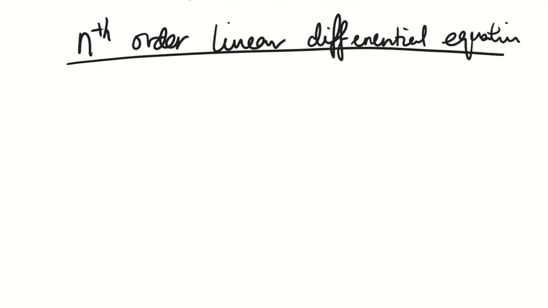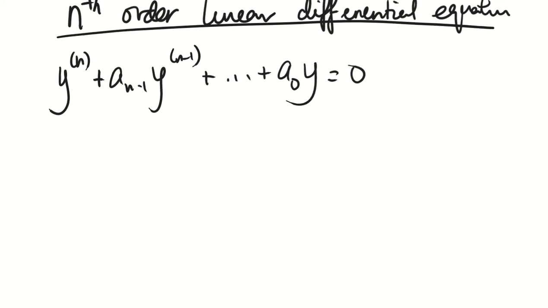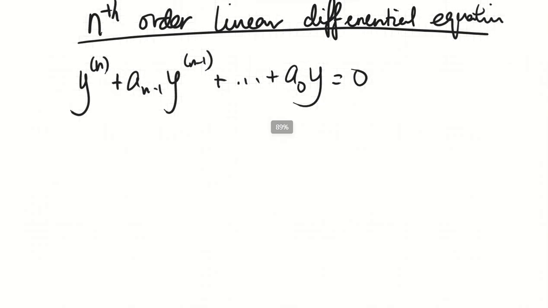So basically it's y^(n) plus, let's say, a_(n-1) y^(n-1) plus dot dot dot plus a naught y equals 0, where of course y to the power of brackets n means the nth derivative of y. So the method is completely the same.